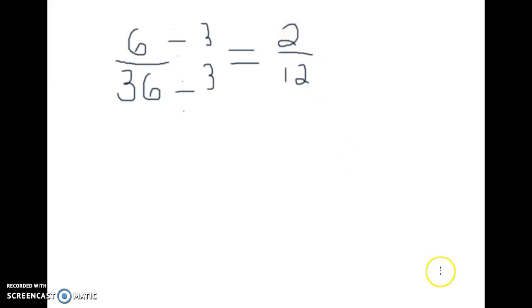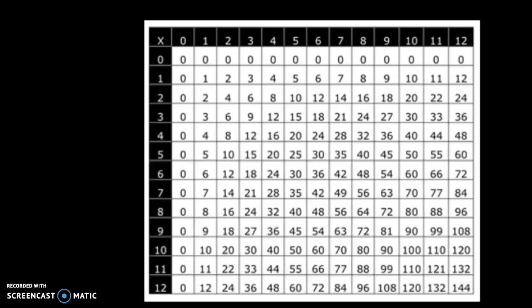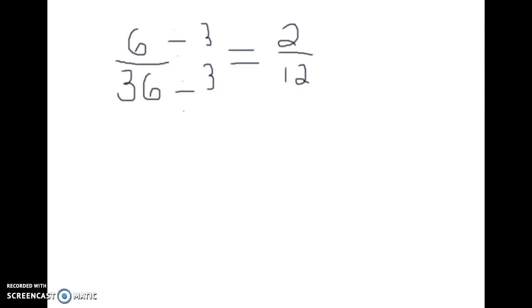So we're going to go back to our multiplication chart and see if we can find anything that we can divide both 2 and 12 by. Let's start in our 2's. We've got a 2, that's good. And we've got a 12, so we can divide 2 and 12 by 2. Divide these both by 2.